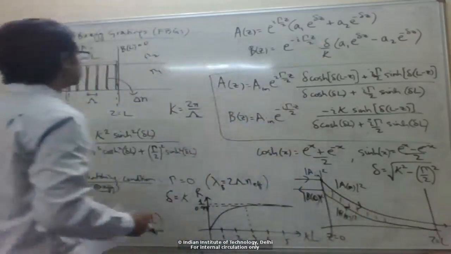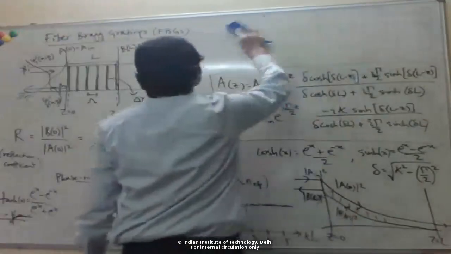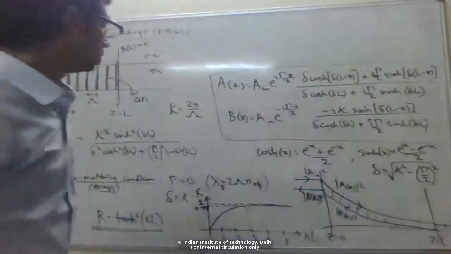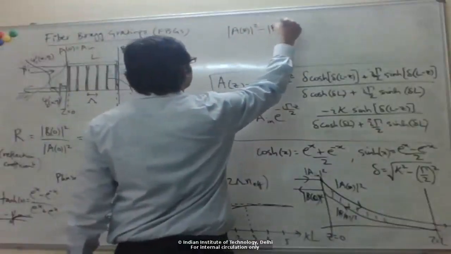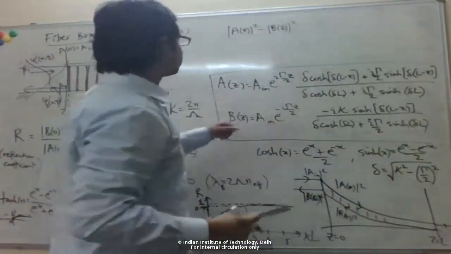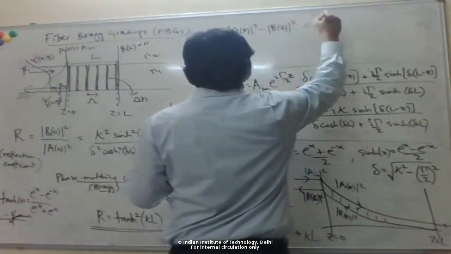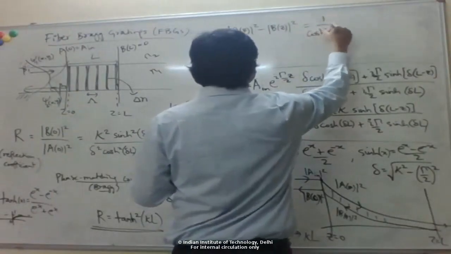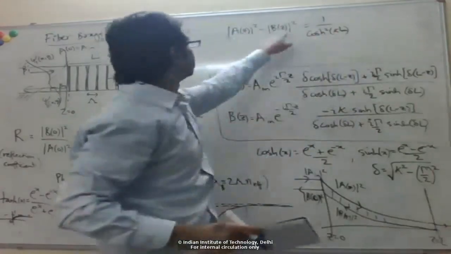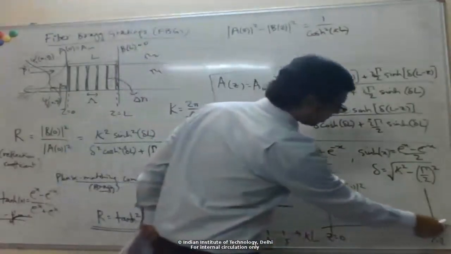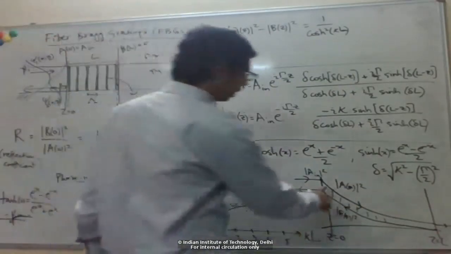If you calculate the difference in the powers of the forward and backward propagating waves, you will see that this actually comes out to be a constant. So this is independent of Z. Basically, this difference remains the same across the wave.